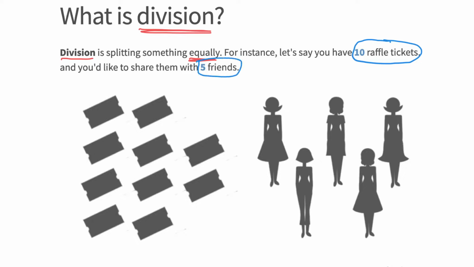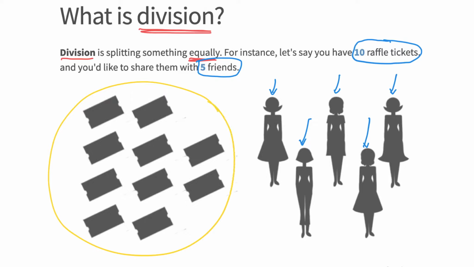So we have our friend 1, 2, 3, 4, 5. We need to figure out how to share all of these tickets evenly so everyone gets the same number of tickets. So we're going to divide the tickets among the friends so that each friend gets an equal number.